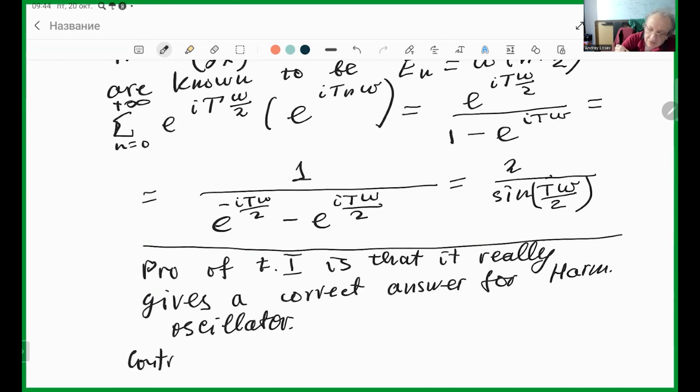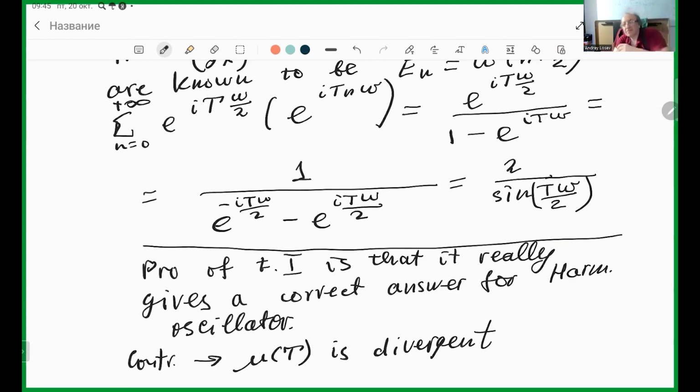Contra, it is that mu of t is divergent. Okay.